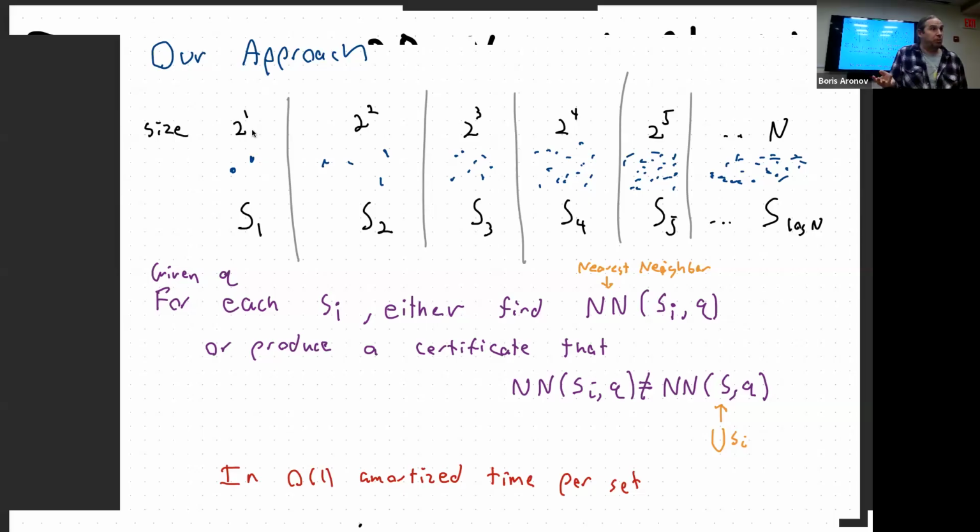I just want the closest point. So I either produce the closest point in the set, or I say there's nobody in this set that's closer than something I've seen already in the other sets. This circumvents the lower bound, and it turns out we can use this to solve the problem.